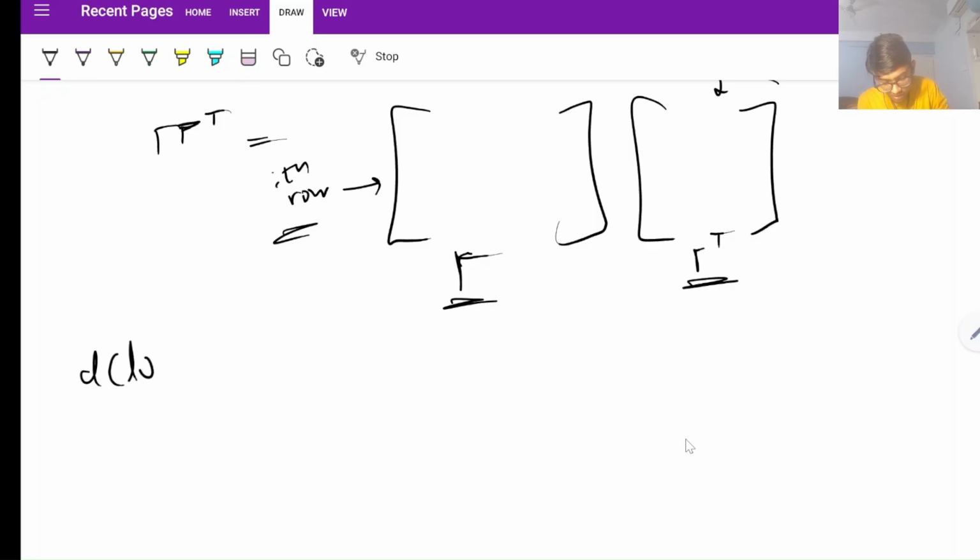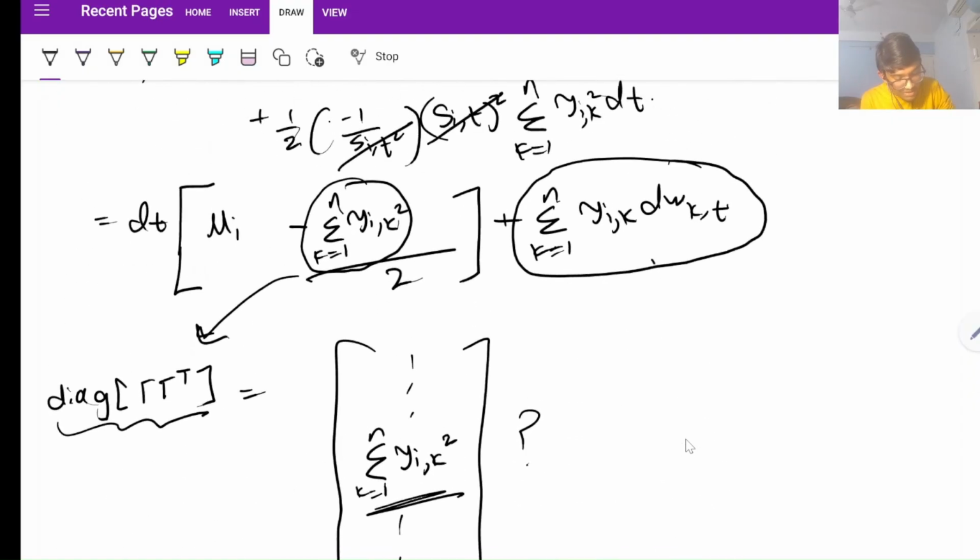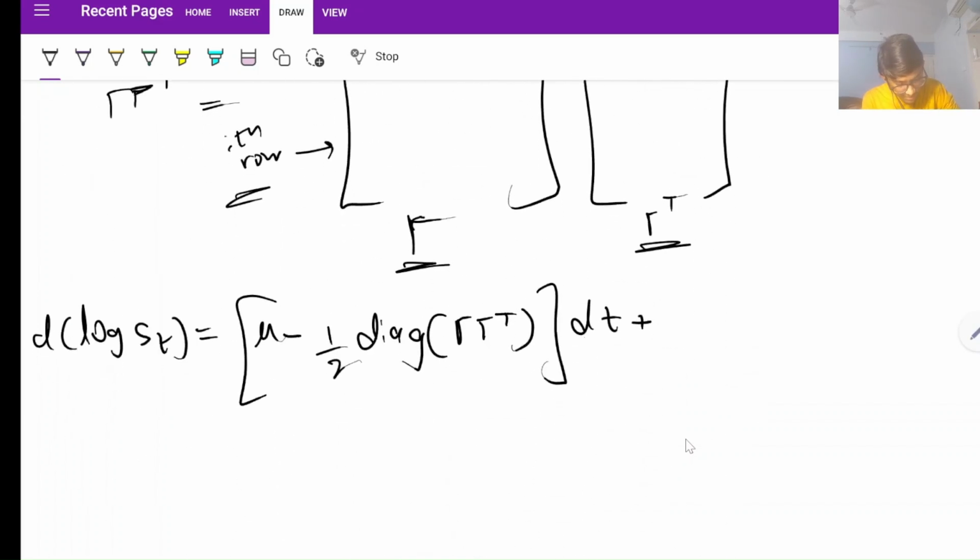So d log S_t will simply be equal to mu minus half of the diagonal vector of this matrix multiplication of gamma with its transpose, right, times dt, plus this second term here. This term is simply just the matrix multiplication of gamma with dW_t, right? So gamma times dW_k, or dW_t, my bad.